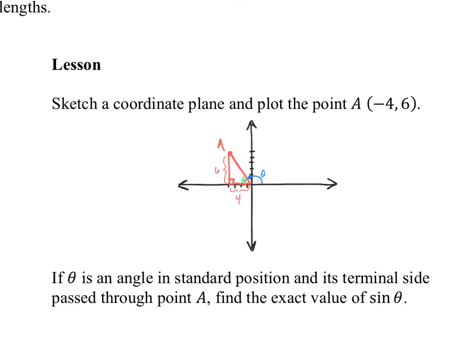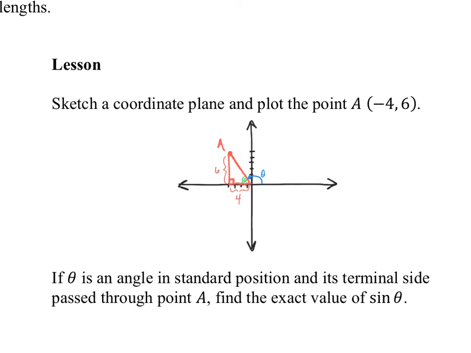Okay, so what I'm going to do now is change what I'm thinking about. I'm not going to think about sine of the standard angle. I'm going to now think about sine of the reference angle instead. So what is sine of theta then?